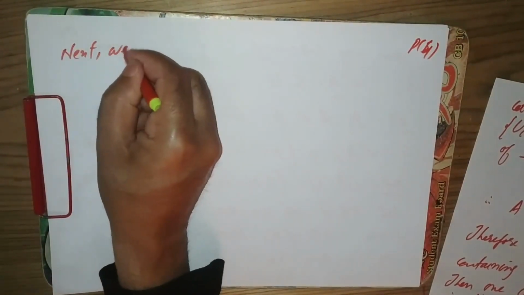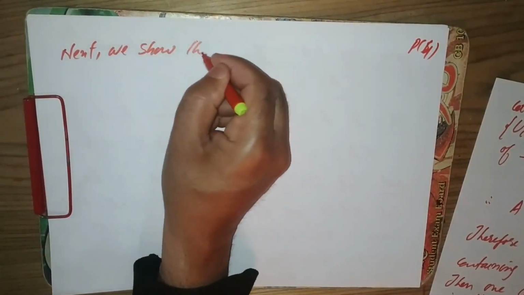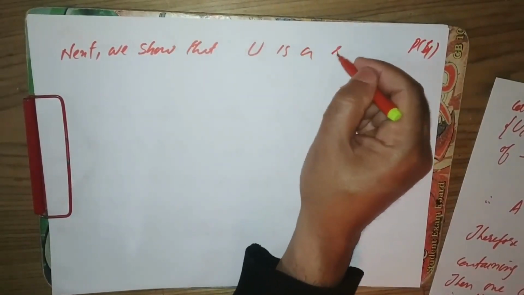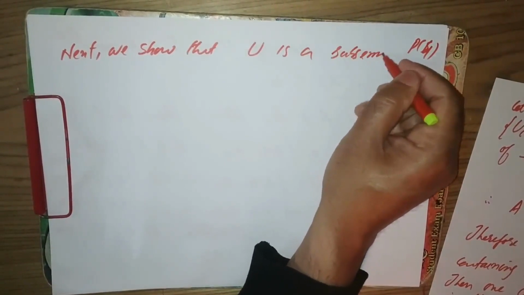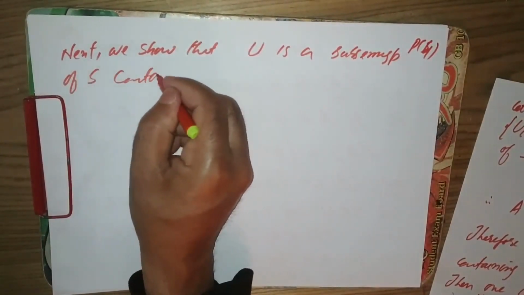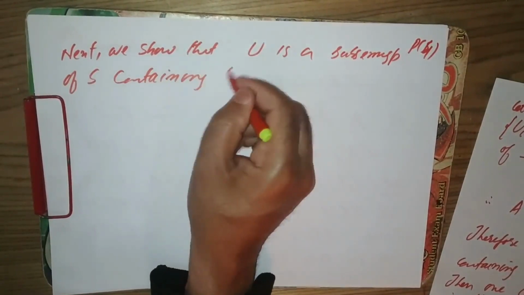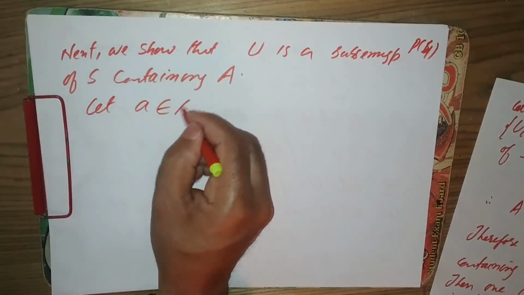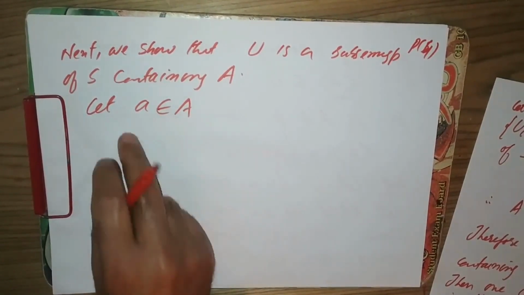So next we show that U is a subsemigroup of S containing A. Let's take any element A in A. Then A is itself a finite product because it's a single element.